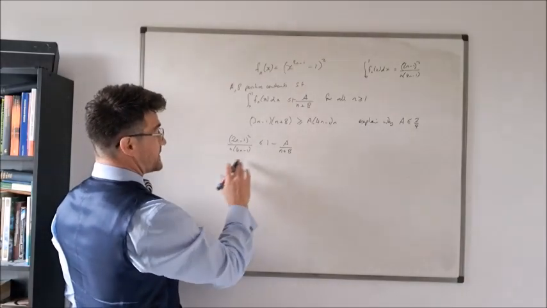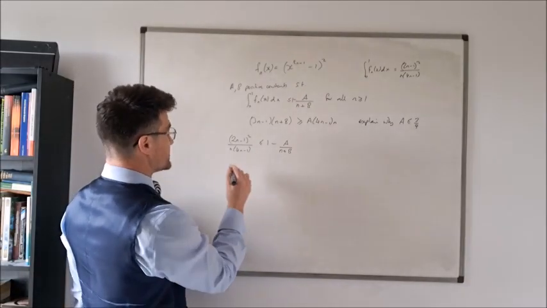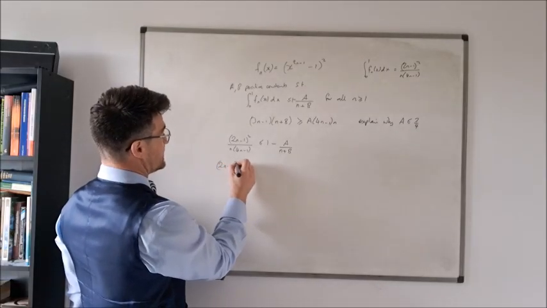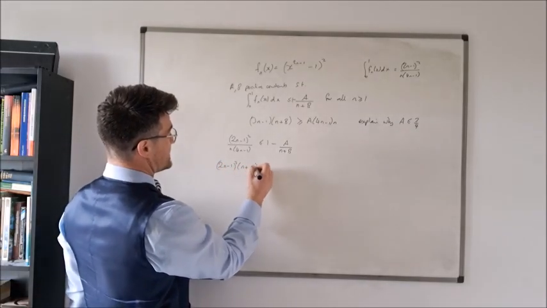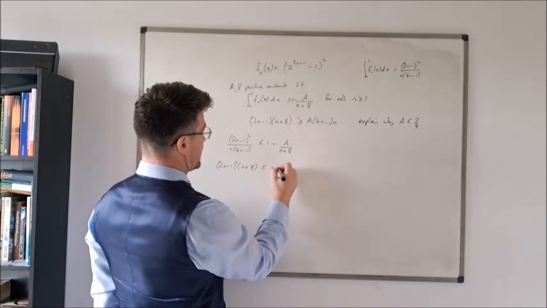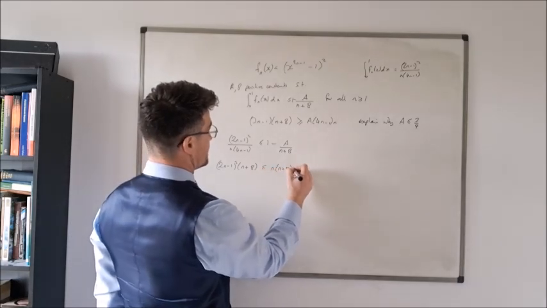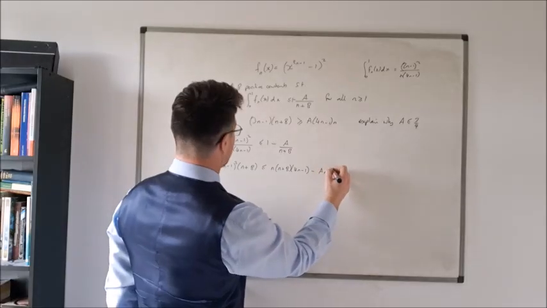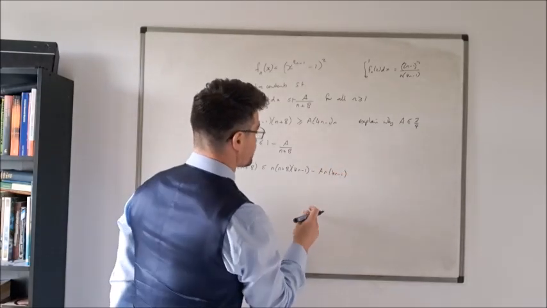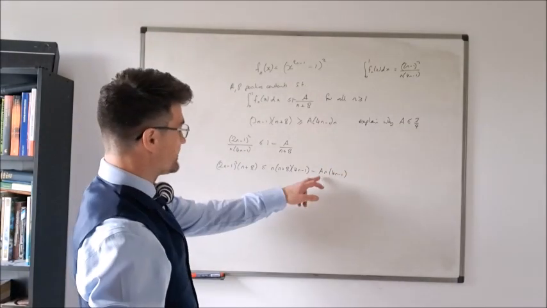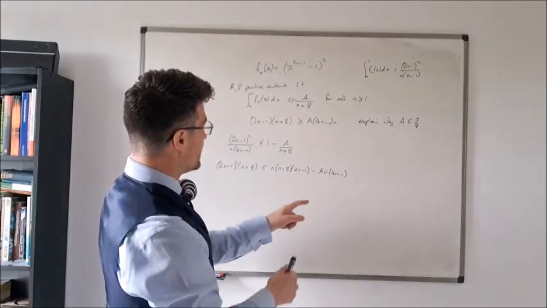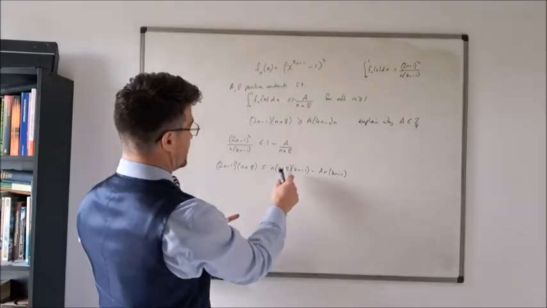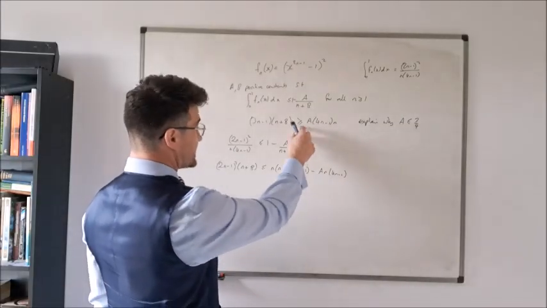We know that all of these are positive quantities, so we can just multiply through by whatever we need to. So (2n minus 1) squared times (n plus b) is less than or equal to n times (n plus b) times (4n minus 1) minus a n (4n minus 1). Now that's a good sign that we've got this here, and also because of the minus sign, when we bring it over here, we're going to get something over here greater than or equal to this.